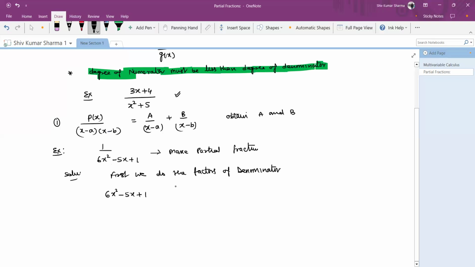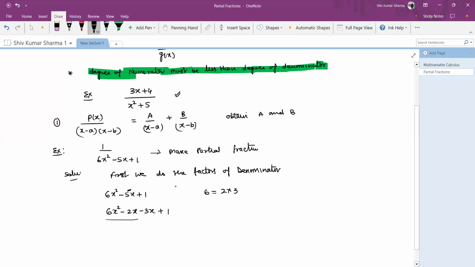The denominator is 6x square minus 5x plus 1. For the factors of 6, 6 times 1 is 6, but we need the total to be 5, so 2 times 3 is 6. So 5x can be written as 2x plus 3x: 6x square minus 2x minus 3x plus 1.